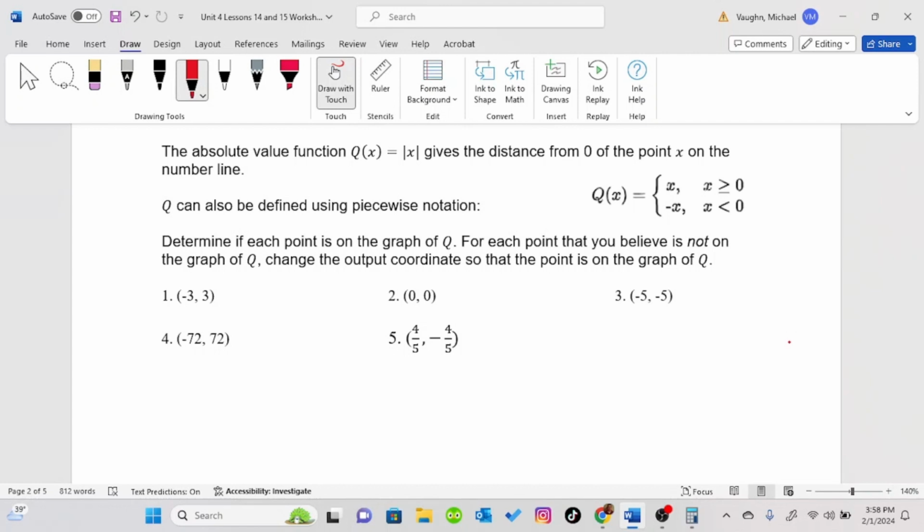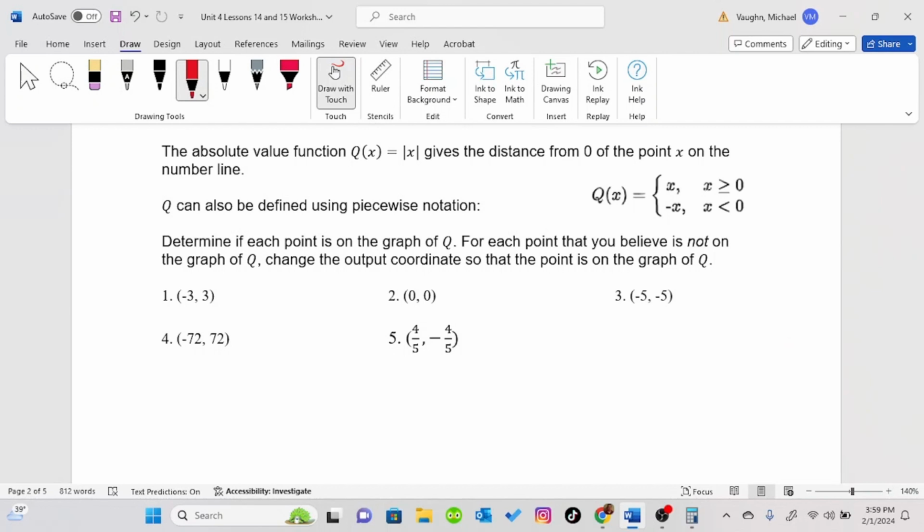Determine if each point is on the graph of Q. For each point that you believe is not on the graph of Q, change the output coordinate so that the point is on the graph of Q. So for number 1, our x value is negative 3.